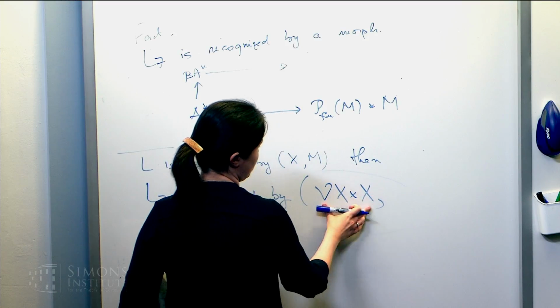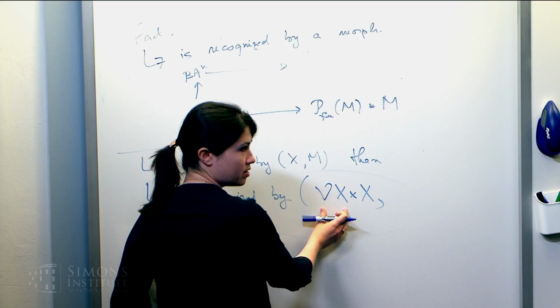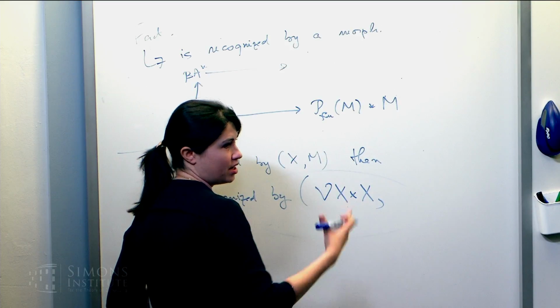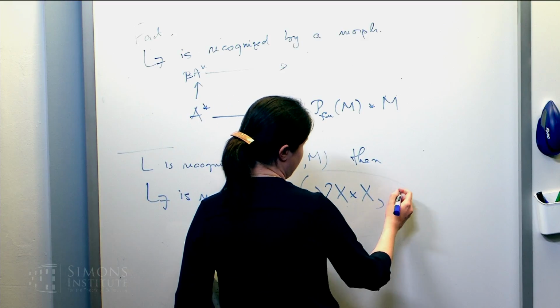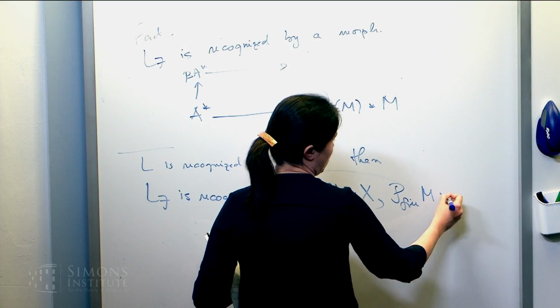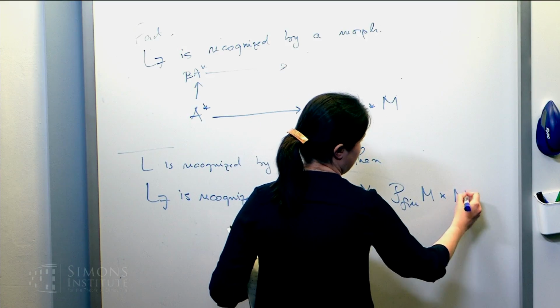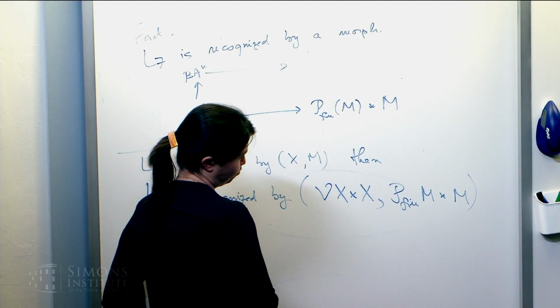On the topological side, I have a product of X and the Vietoris space of X, which is in some sense a generalization of the power set to the category of stone spaces, and this monoid that I have described before briefly, which sits inside this space.